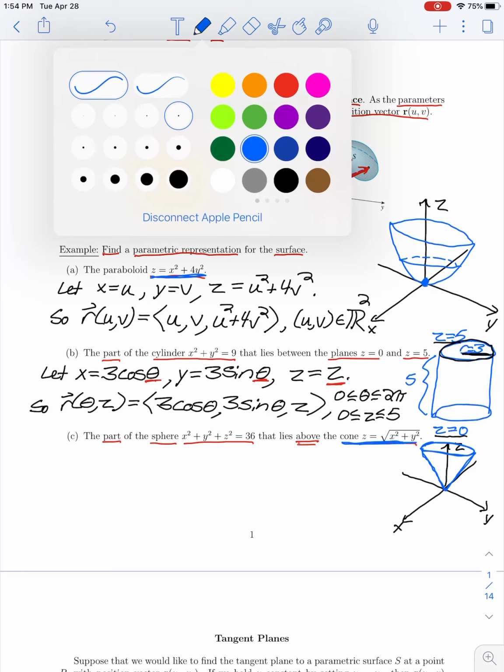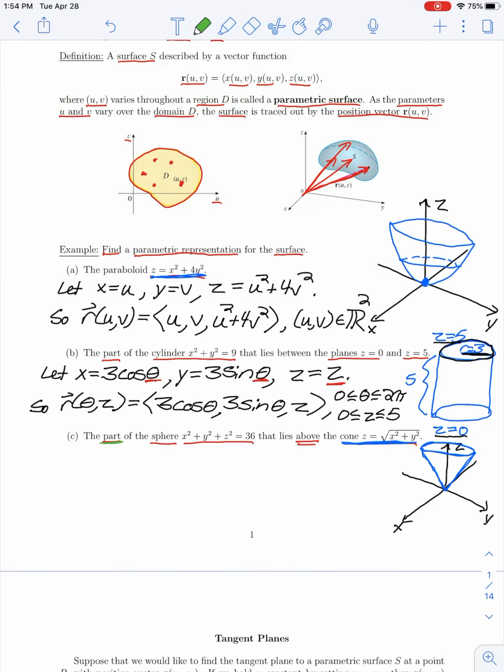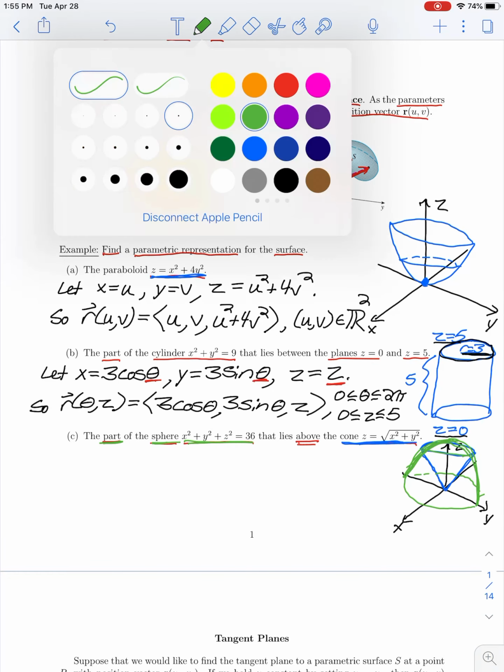And we're looking for, more precisely, the part of the sphere of radius 6, centered at the origin, that lies above that cone. If we draw the top half of it, the upper hemisphere of radius 6, we want just the part of that that lies above that cone.